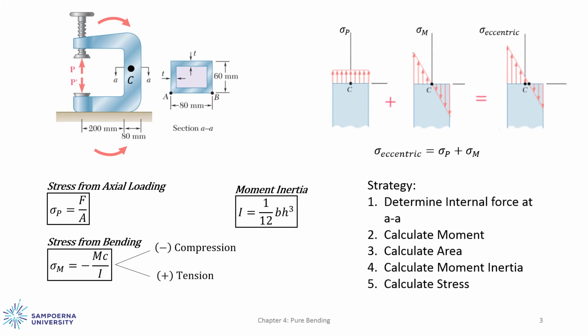Then we calculate the area. Then we calculate the moment of inertia using this formula. Then C can be known from the picture later. Then after we know all of that, we can calculate the stresses.